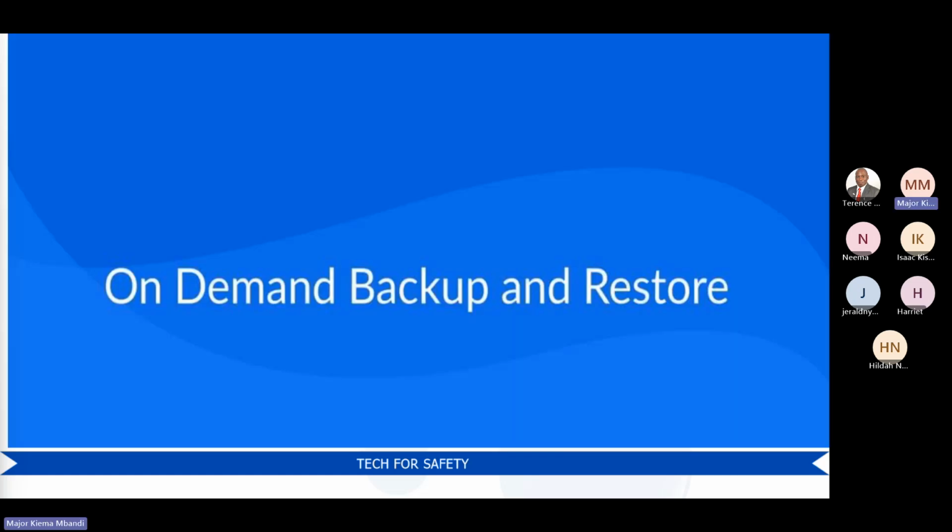Another thing that we can discuss is on-demand backup and restore. Backup and restore is one of the disaster recovery strategies which offers the highest RPO and RTO, but offers the lowest cost and is also the simplest in terms of implementation.